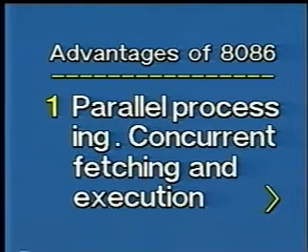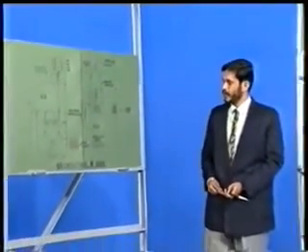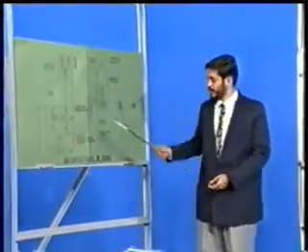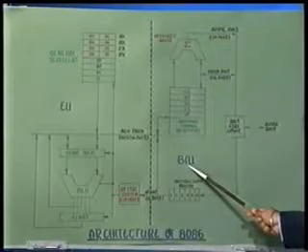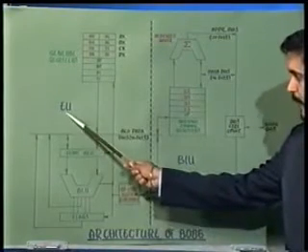8086, on the other hand, makes use of this idle memory time by prefetching the next instruction while executing the current one. This concurrent operation of fetch and execute accelerates the overall execution of the program and was made possible by dividing the internal architecture of 8086 into two separate units, the bus interface unit and the execution unit.